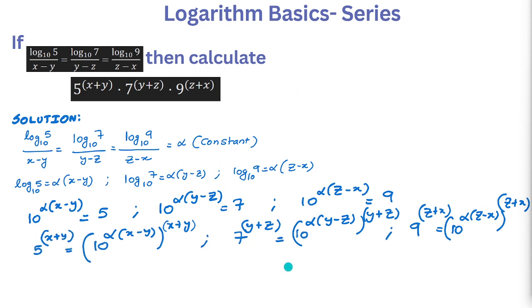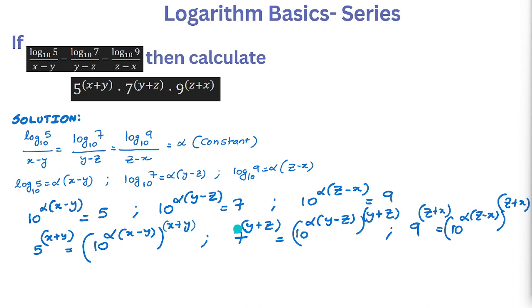And now we are putting both sides to the exponent of x plus y, the conjugate of this value. For this specific example, it's x plus y. So we do 5 to the power of x plus y equals 10 to the power of alpha times x minus y, all to the power of x plus y.